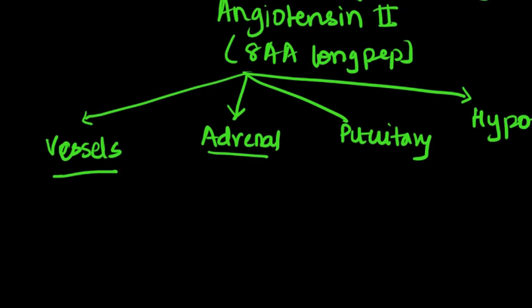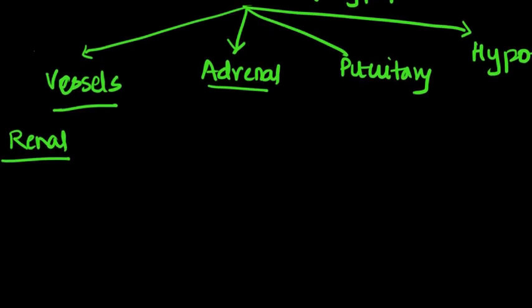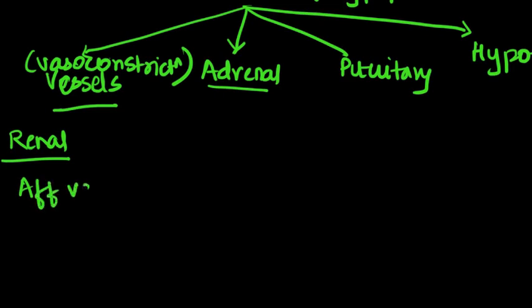Now vessels. Renal and systemic vessels would be different. In renal vessels, it will try doing a vasoconstriction to increase the volume. In renal vessels, it will cause afferent vasodilatation and efferent vasoconstriction.